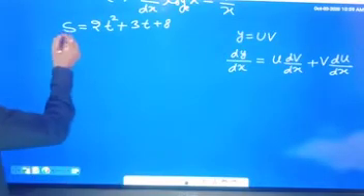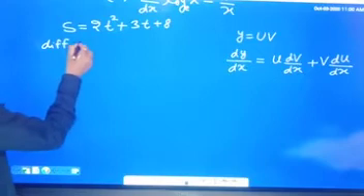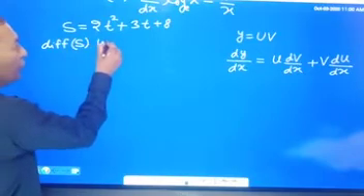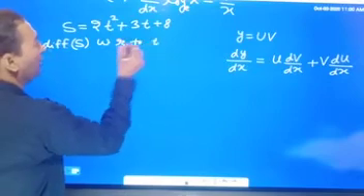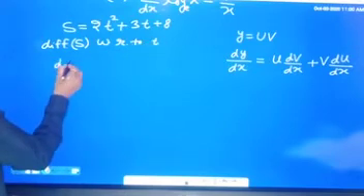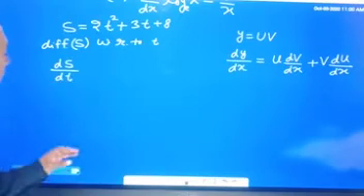So here, when we differentiate s with respect to t, what do we get? ds upon dt.